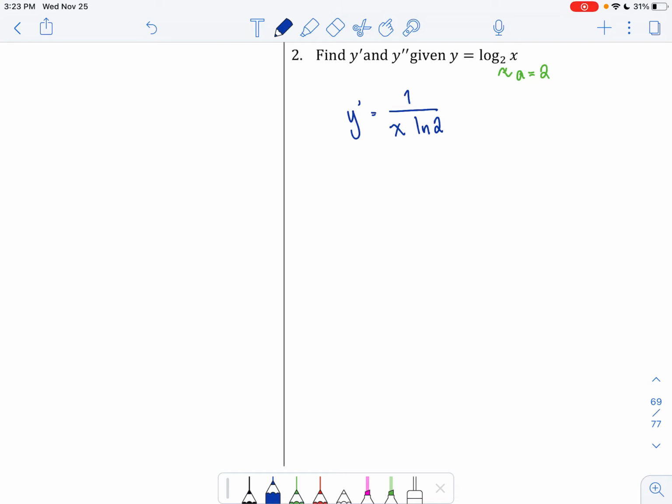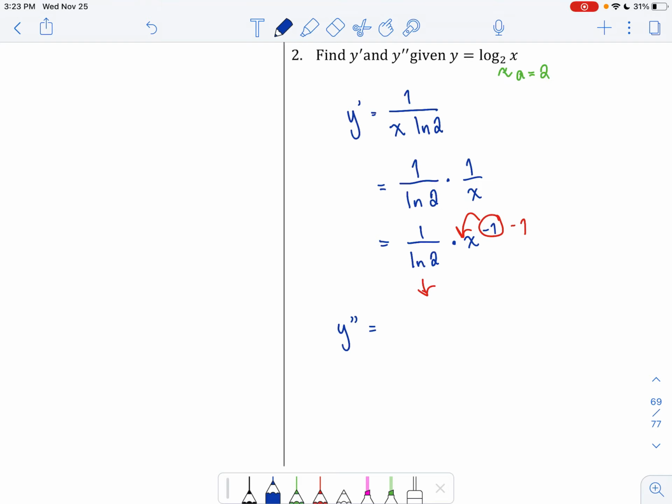Now, to take the derivative again, I would rewrite this by pulling out the constant times 1 over x, since remember that's a constant. And then I would rewrite 1 over x as x to the negative 1. So then I can use my power rule here, and the constant multiplier just comes straight down.